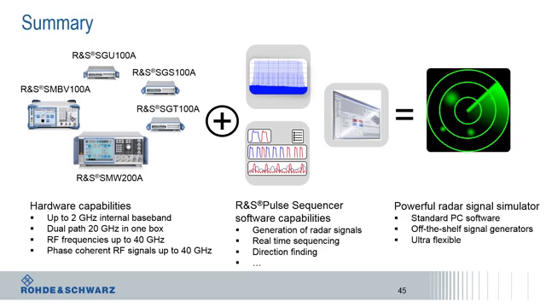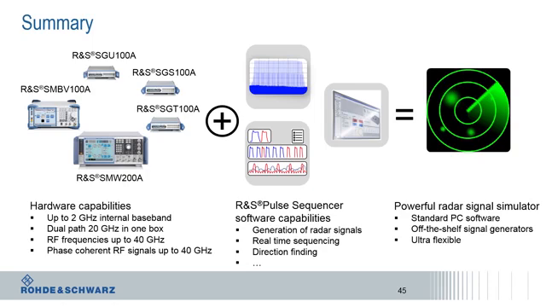The R&S Pulse Sequencer software gives you all the tools which you need to generate radar signals. They can be wideband, they can be narrowband. Real-time sequencing gives you a big benefit in order to achieve long play times for your scenarios. The Pulse Sequencer software also supports direction finding scenarios for multi-channel receiver testing.